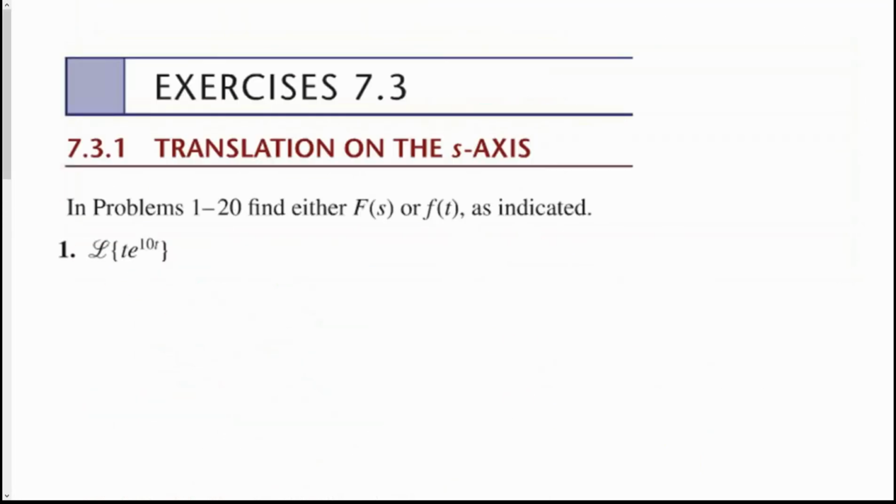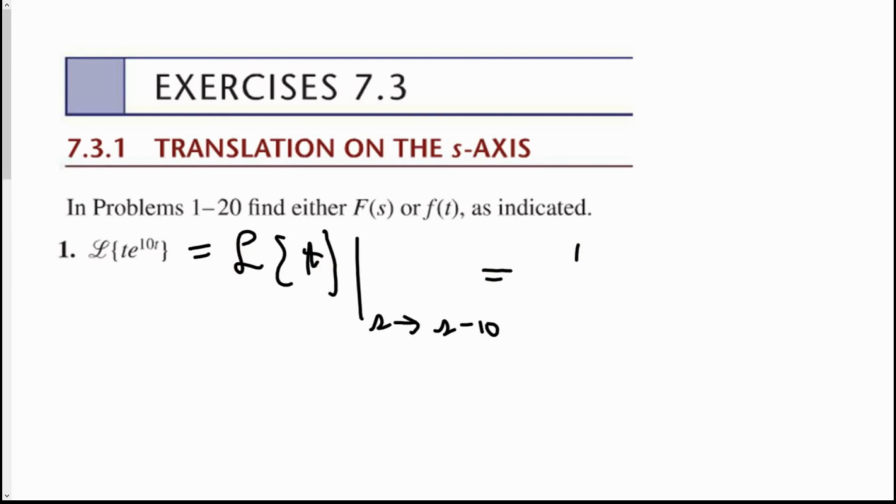Let's see. So this right here is the Laplace transform of t, and here the s is shifting from s to s minus 10 because of this e to the 10t. Remember, the Laplace transform of e to the 10t is 1 over s minus 10. So you first find the Laplace transform of this function t.